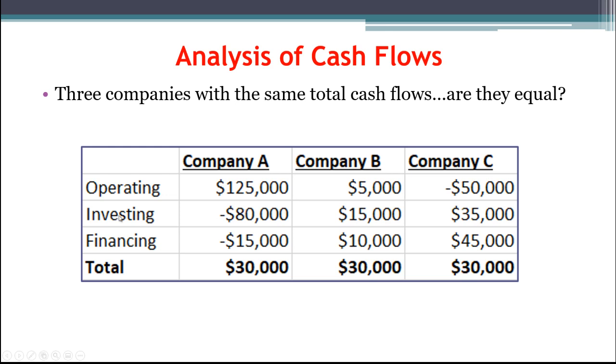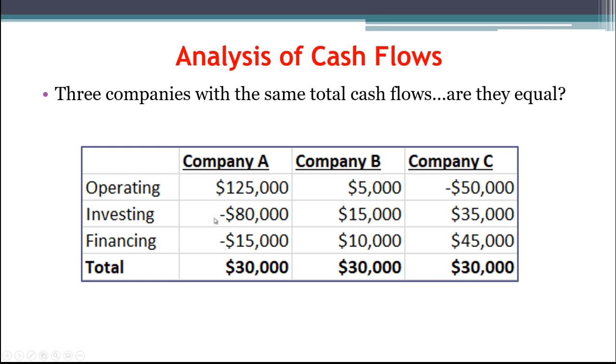But hey, now we take a look at investing and financing. And both of these are negative numbers. Now, negative sounds bad, but for these two activities, negative is not a bad thing. In fact, it can be a very healthy thing. For investing, they may be spending money to buy new long-term equipment to grow.